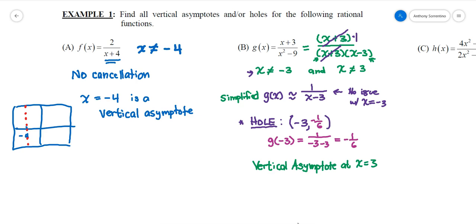So this one would have a hole and a vertical asymptote. And we'll show later how to graph them and deal with those when we get to the point of graphing them. On to C.